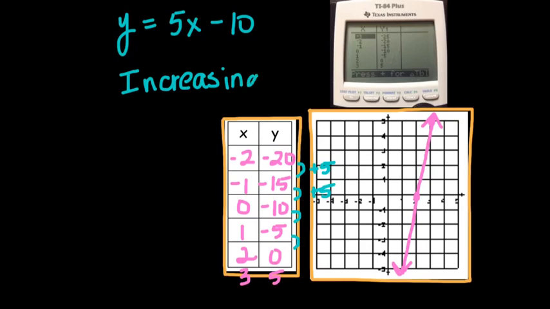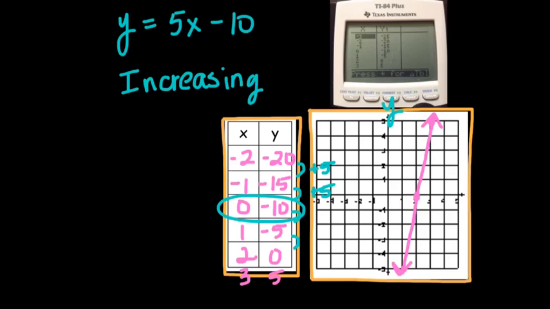And then we need to look for our y-intercept. So remember the y-intercept is where it crosses on the y-axis, this axis right here. Well, first of all, it's kind of hard to see based on my graph just because my graph didn't extend all the way. But we've talked about before how the y-intercept is where the x value is 0. So if you look on your table here, the x value is 0 when y is negative 10.